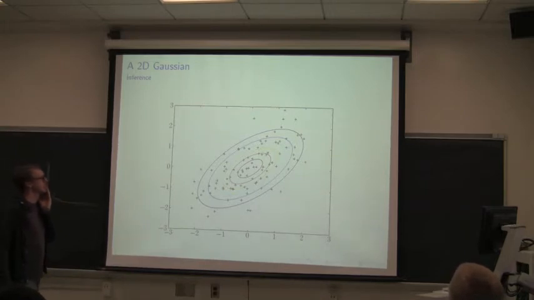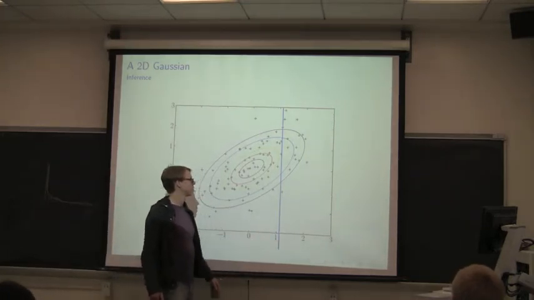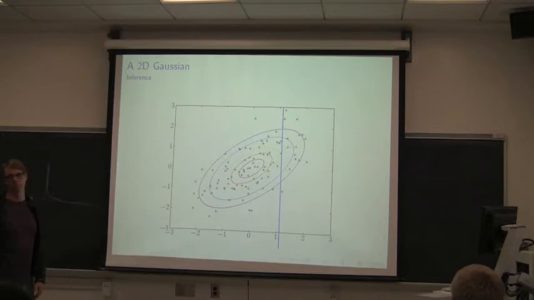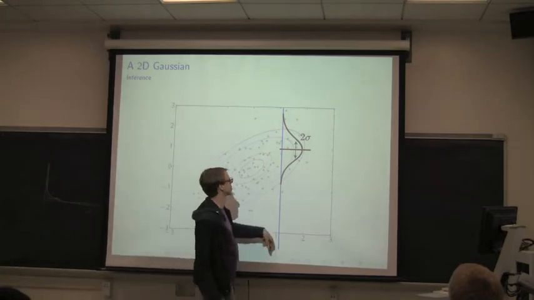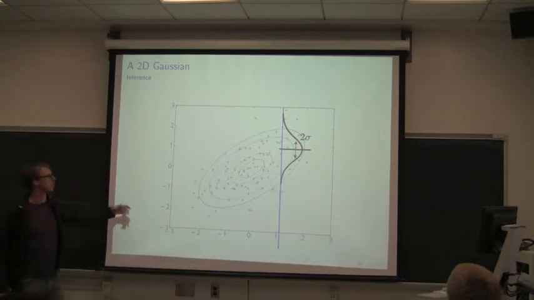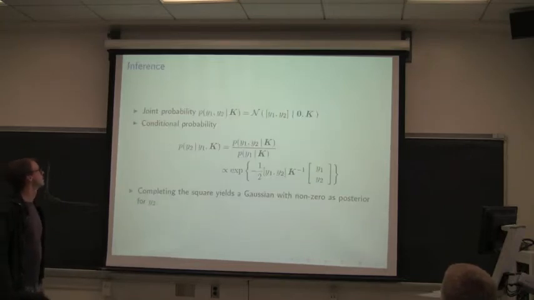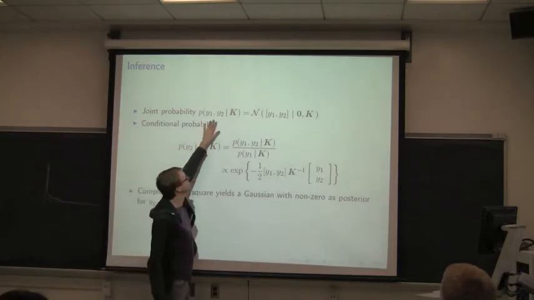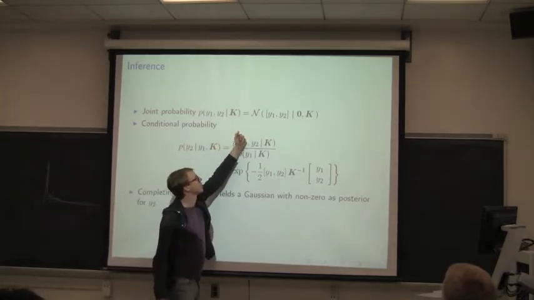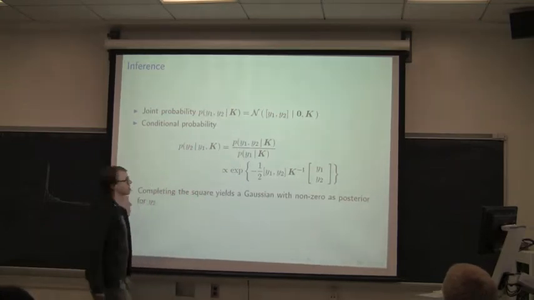How do we do inference? Say we know a value y1 here. What can we say about the value y2? The way to do that is conditioning, right? So we just cut through here, and then we can get a one-dimensional Gaussian distribution of y2 given y1. Starting from the joint distribution of y1 and y2, which is the Gaussian distribution, we can get the conditional distribution from the joint over the marginal.